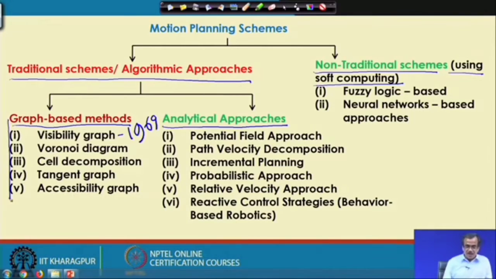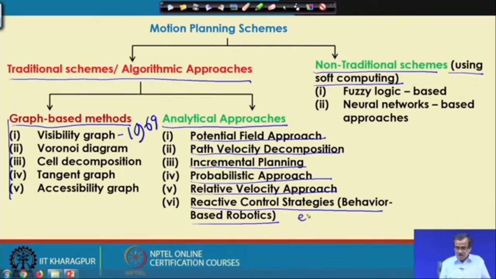On the other hand, we have got some analytical approaches. For example, we have got the potential field method, the path velocity decomposition, then the incremental planning, probabilistic approach, then comes relative velocity approach, then reactive control scheme or behavior based robotics, etc.